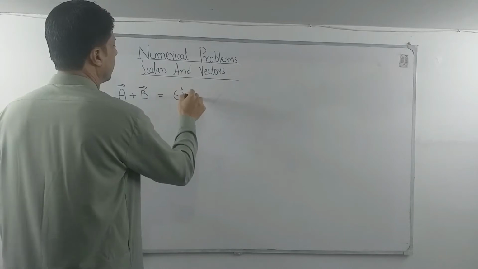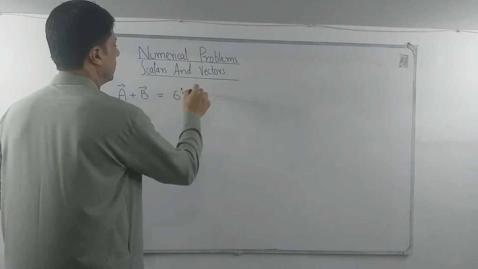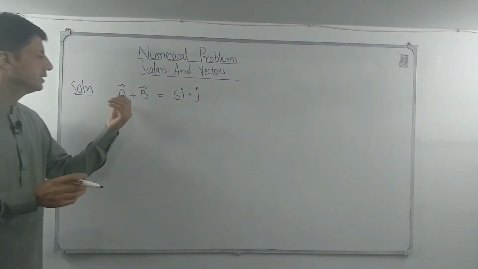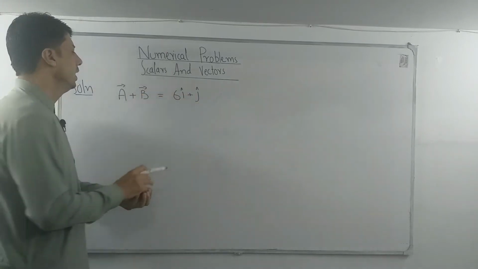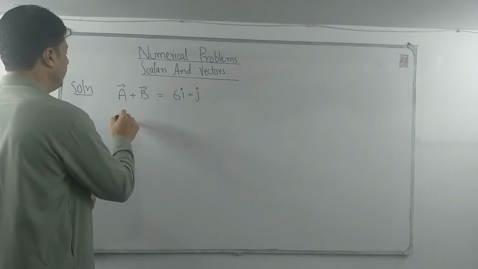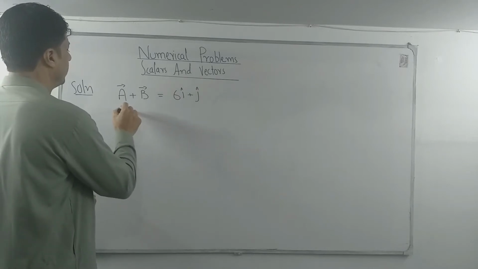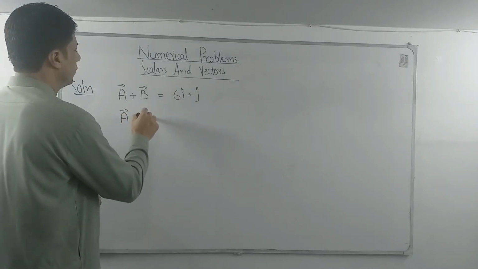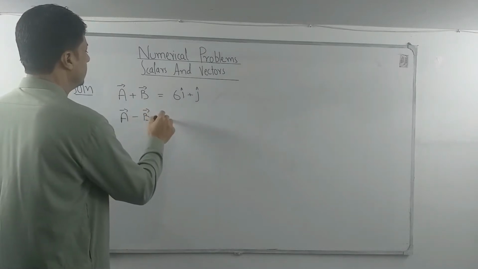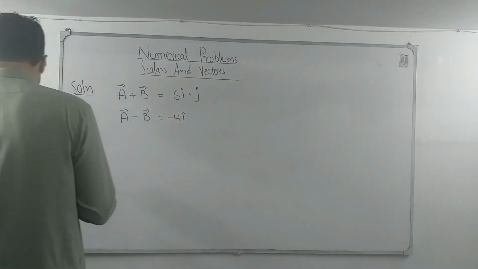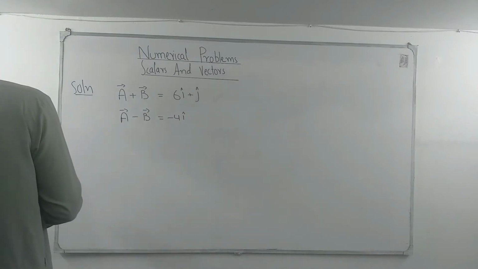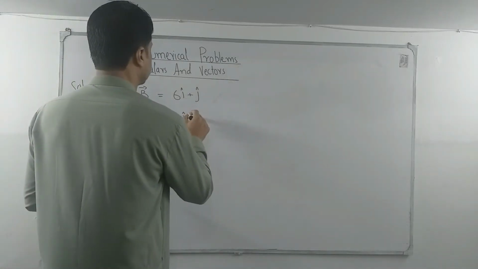And if vector B is subtracted from vector A, then the result is minus 4i plus 7j.